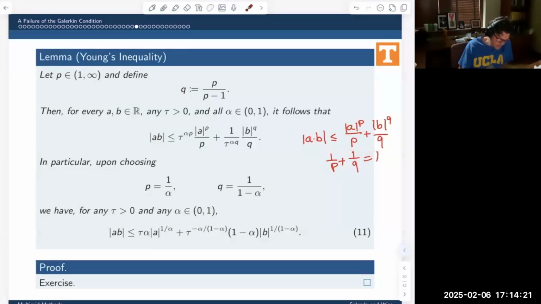What is this new rob Peter to pay Paul Young inequality?